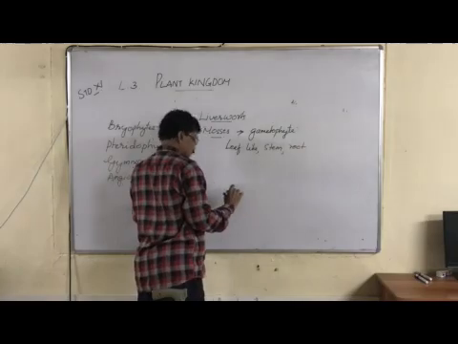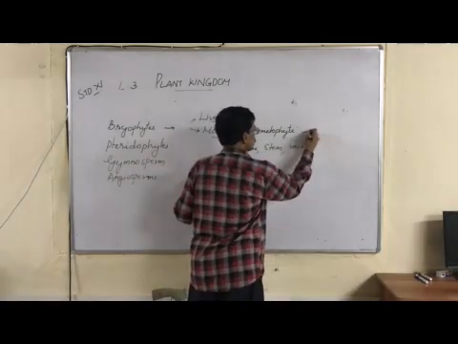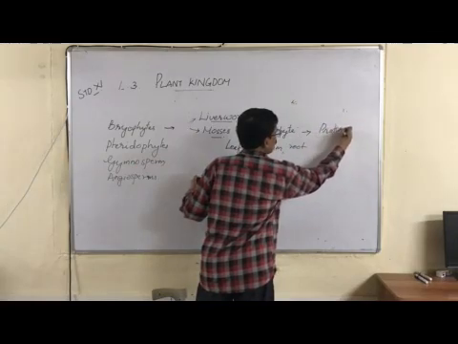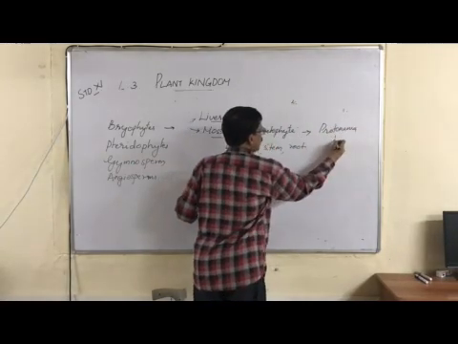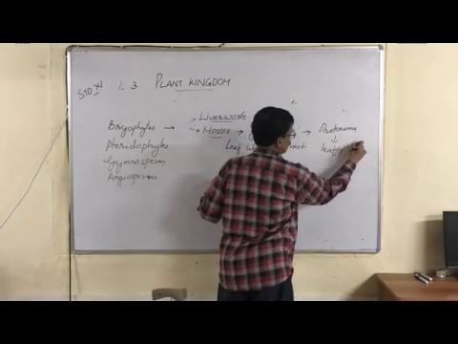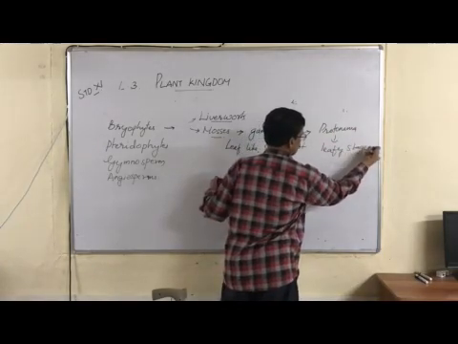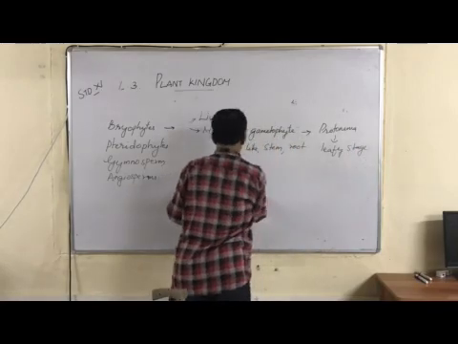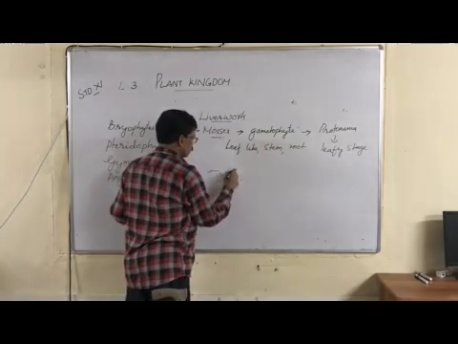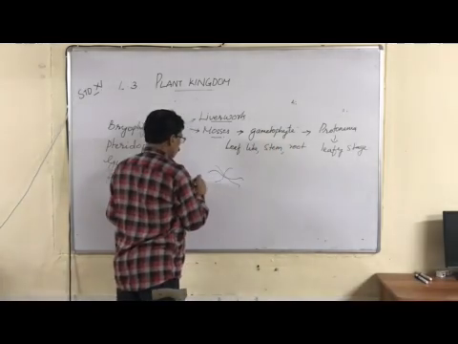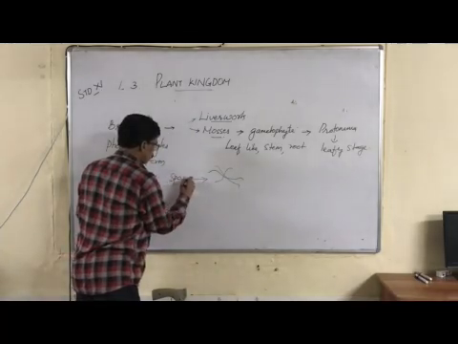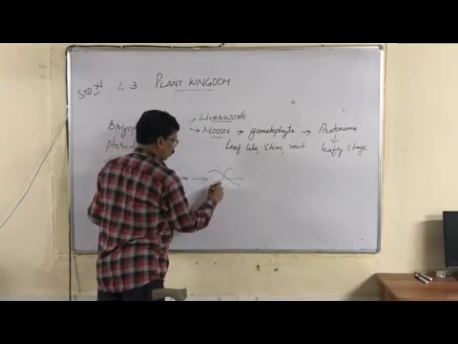The gametophyte consists of two stages: protonema and leafy stage. The protonema stage is a very thin, slender, filamentous structure germinated from spores. Spores germinate to form protonema.